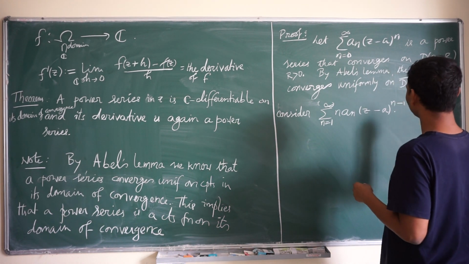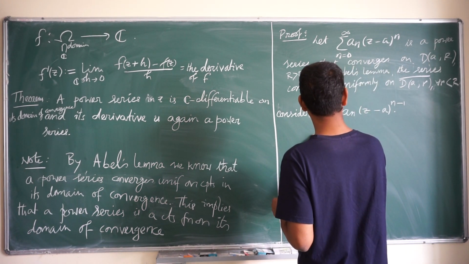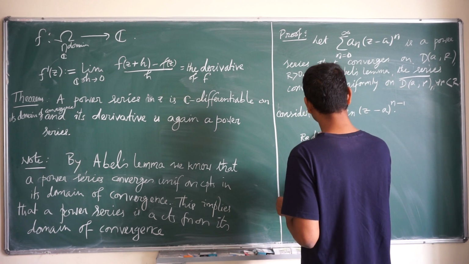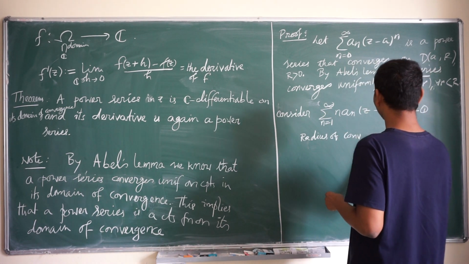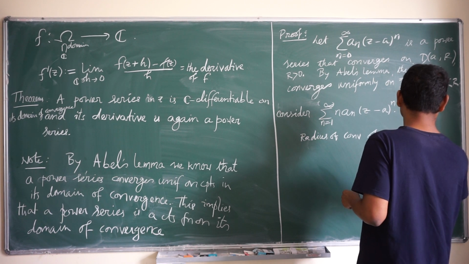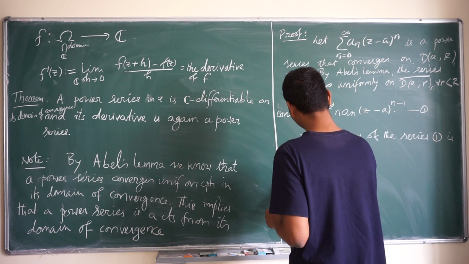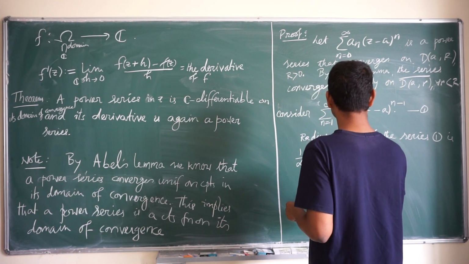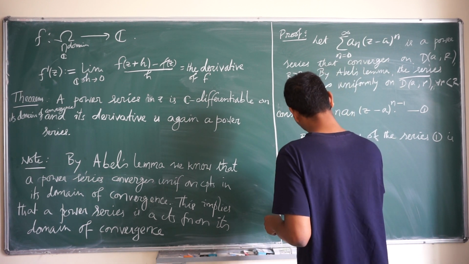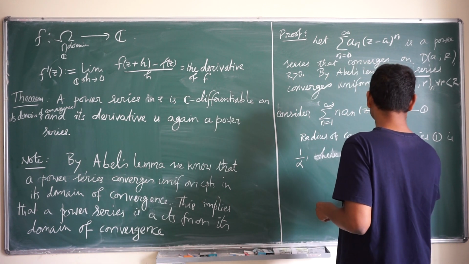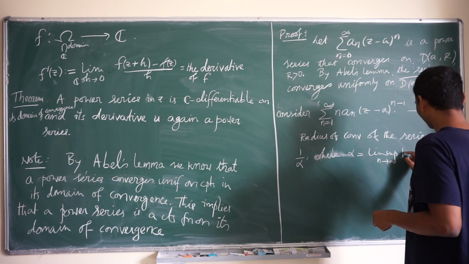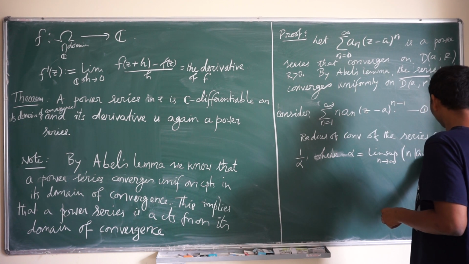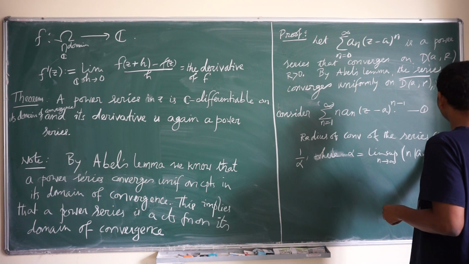The radius of convergence of the series 1 is 1 over alpha, where alpha is the limsup as n tends to infinity of mod n mod a_n to the power 1 over n.